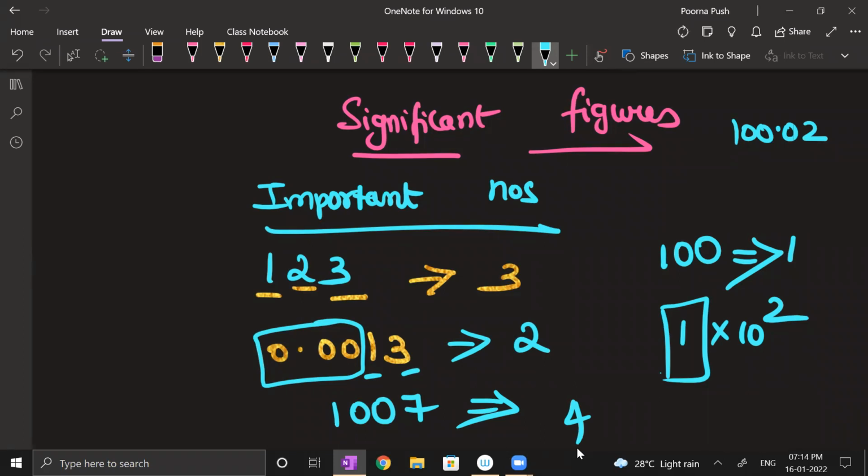When the zeros are between the numbers after the decimal point, they are significant. So 1, 2, 3, 4, 5. 5 is the answer. Got it, ma'am? Yes, ma'am. Take just 2-3 examples. Write down. I'll proceed.